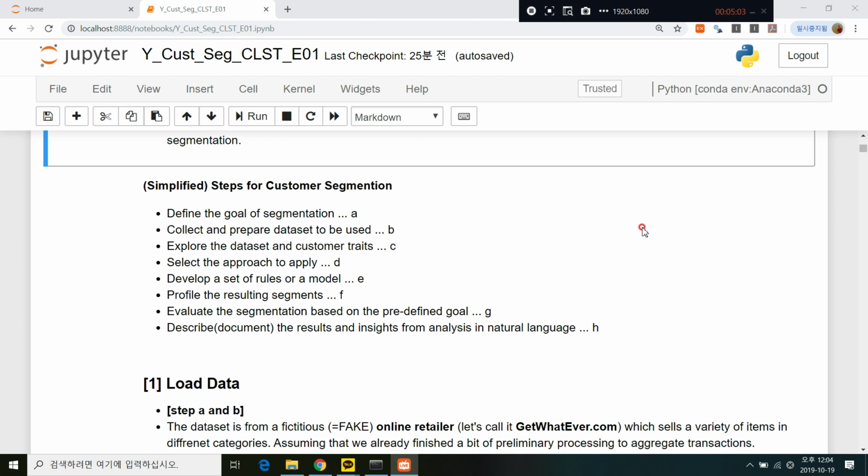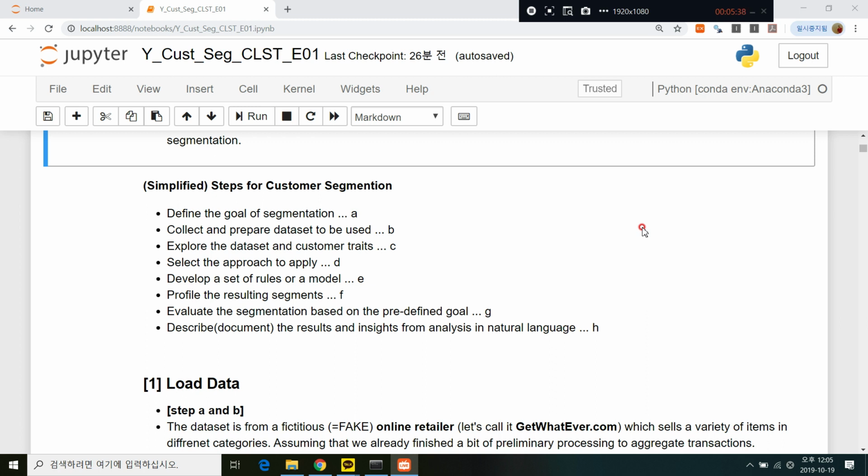For that you have to profile the resulting segments you made, and evaluate the segmentation based on your predefined goal in step A. That is pretty important. If you got one segmentation result from all those steps, then you have to get back to the goal definition stage in the first step.